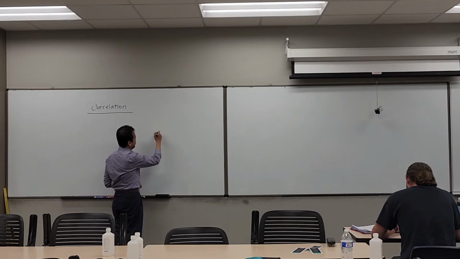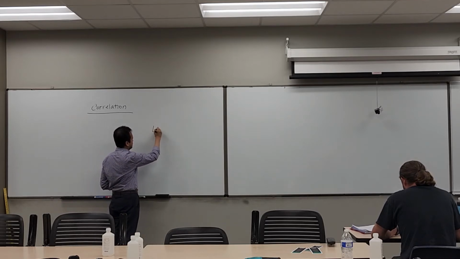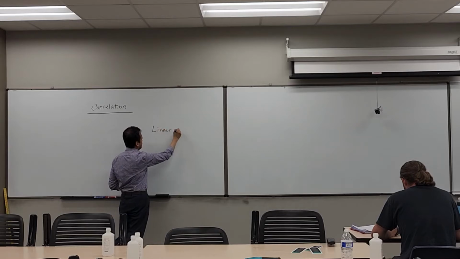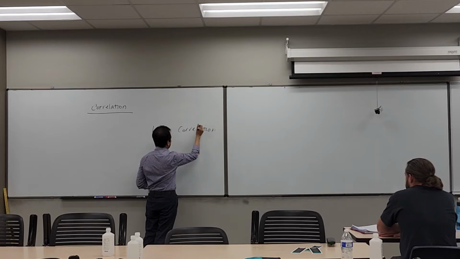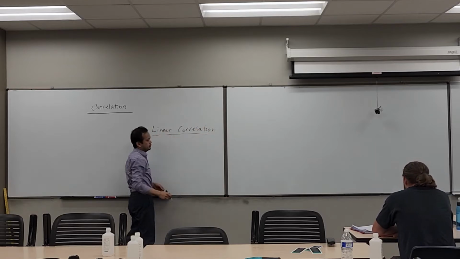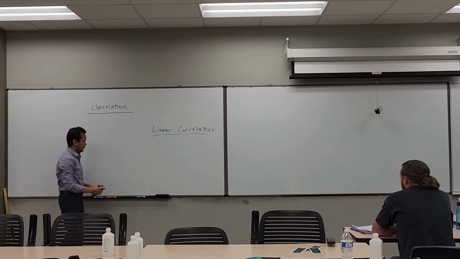Last class we talked about a way to measure whether there's correlation, and that was linear correlation. In linear correlation, we try to fit the best possible straight line through all of your data points.